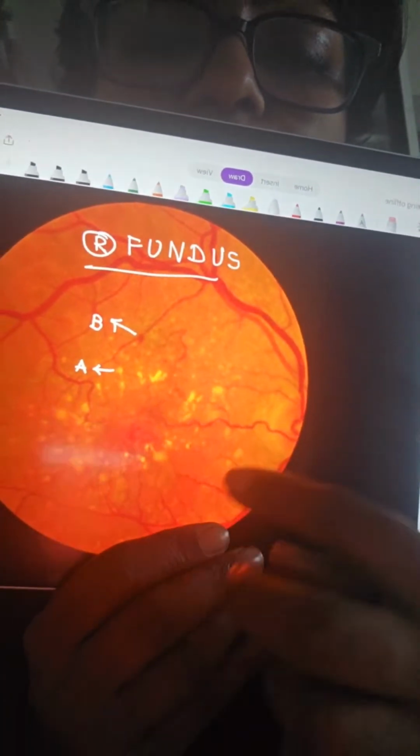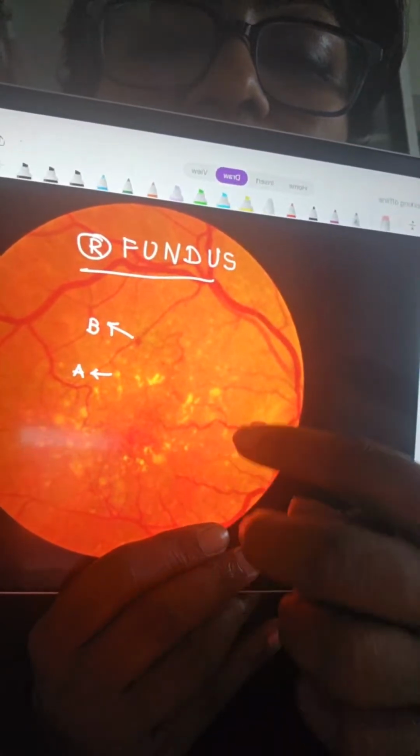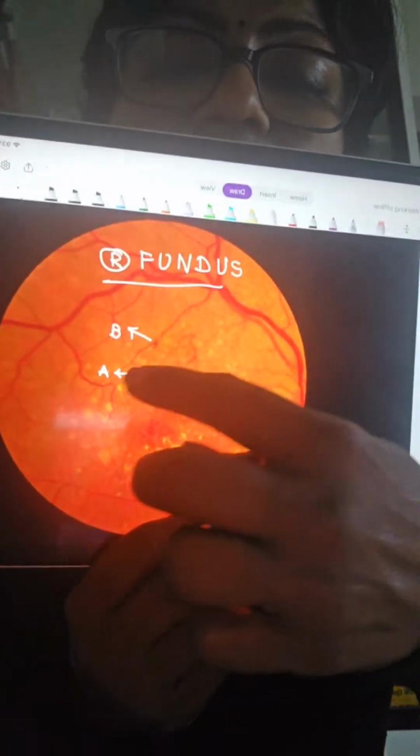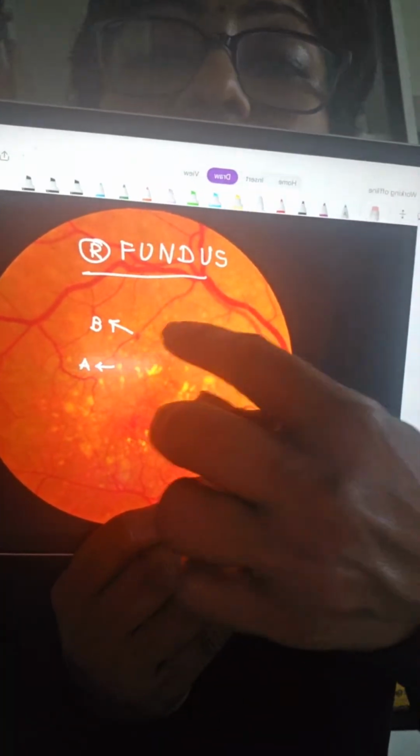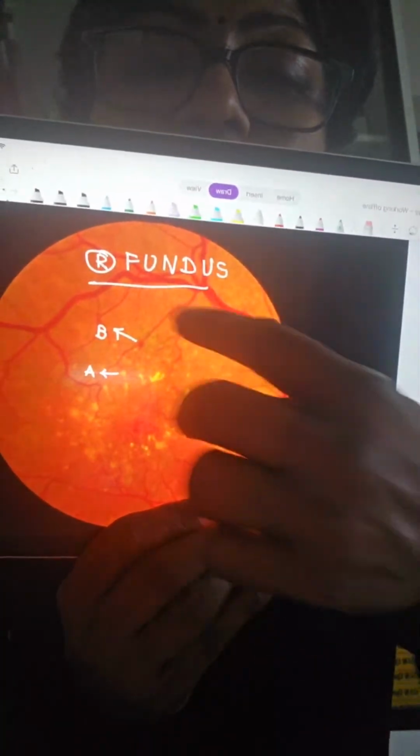You see a lot of hard exudates in the form of a circle. When they are like a circle at the macula, we call it Sarsenet retinopathy. Sarsenet retinopathy is usually seen because of hypertension.